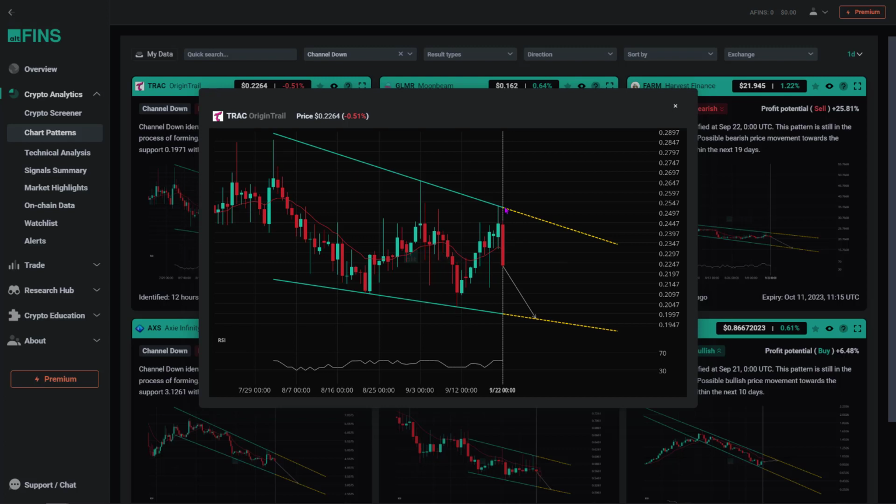Now you can trade the emerging pattern like this one between the trend lines. So the price hits the resistance trend line, then it's likely to go lower to the support trend line and so on. Or you can wait for a breakout.